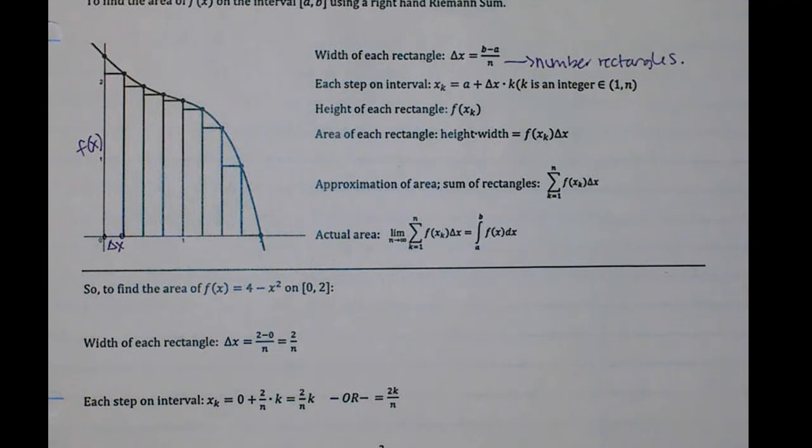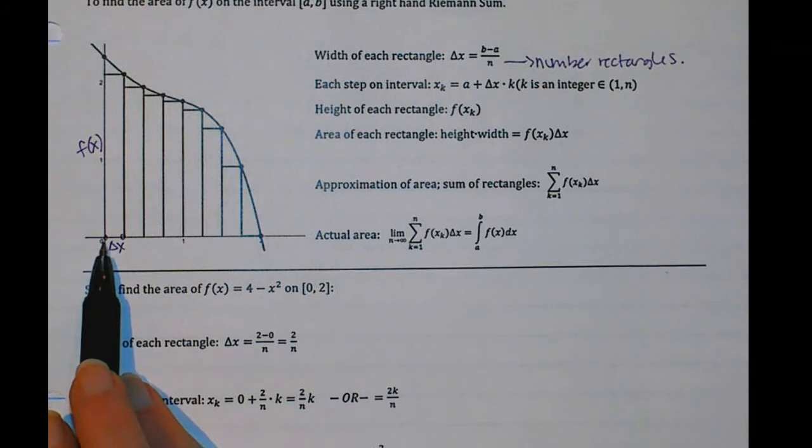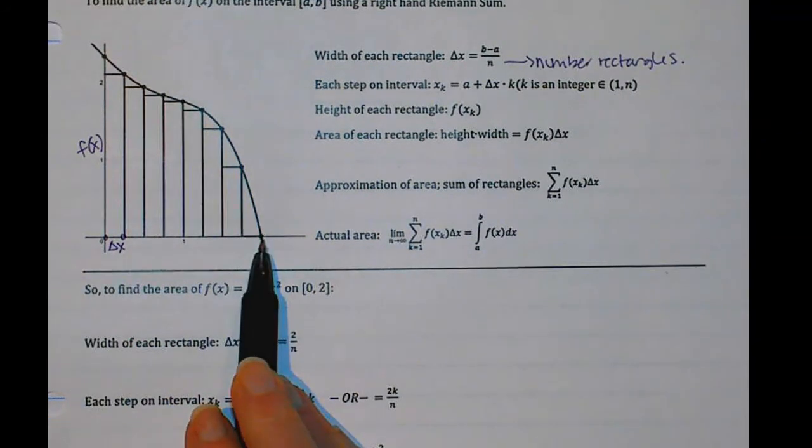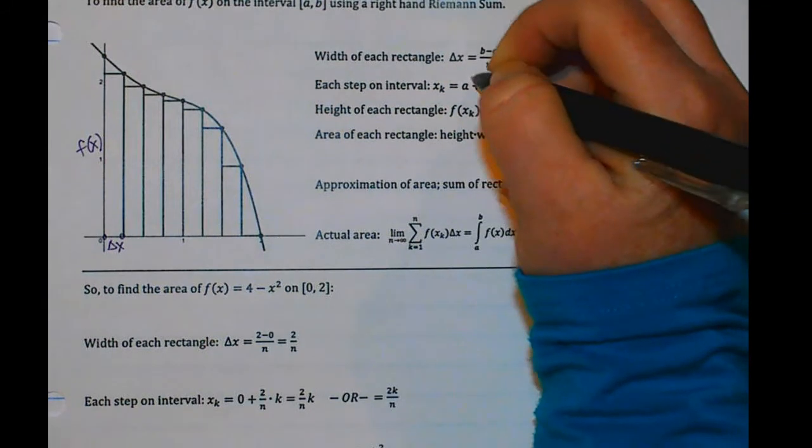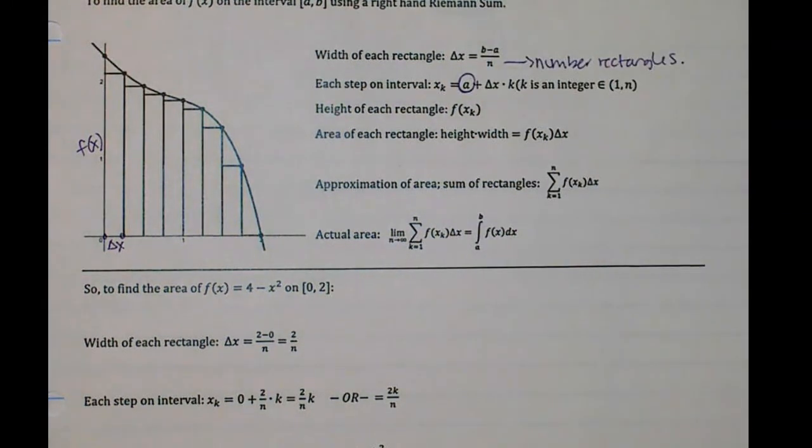So a represents the starting value, right, of the integral, where it's starting. So this is going to be a, and then the ending here is b. And so we're looking at having this addition as part of our x1 value. Because if we don't start at 0, then we have to move it, right?